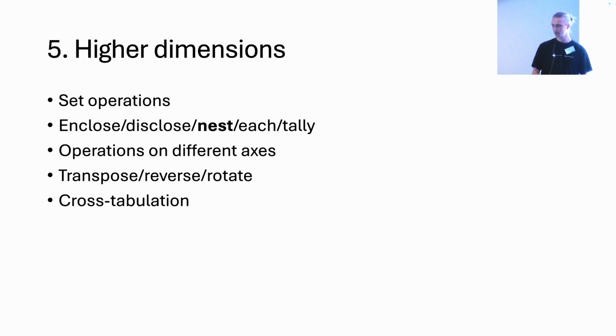We'll see. But chapter 5 is intended to be a higher dimensional array operation chapter, so doing operations on matrices and 3-dimensional or higher dimensional arrays, including stuff about nesting and, for example, justifying why the shape of a scalar is the empty vector, and doing things like transposition and rotating on different axes.